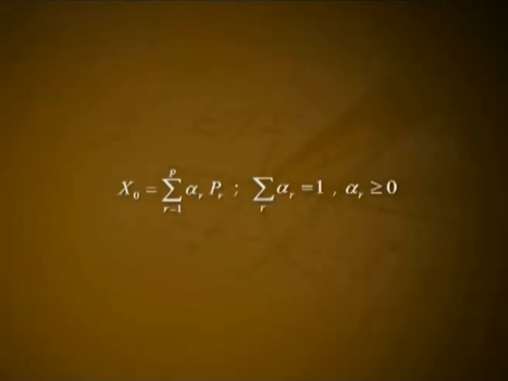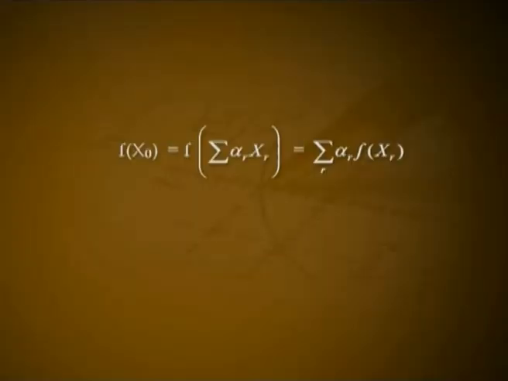Otherwise, if x0 is not a vertex, x0 can be expressed as a convex linear combination of xr for r equal to 1, 2, etc. p, and so x0 equal to summation r from 1 to p alpha r xr and summation over r alpha r equal to 1 where alpha r greater than or equal to 0.